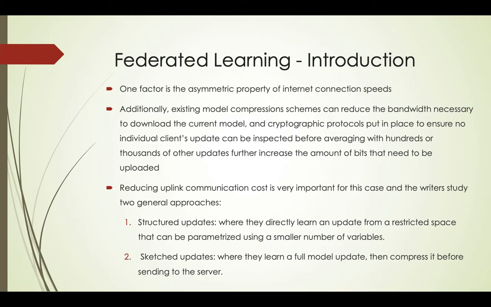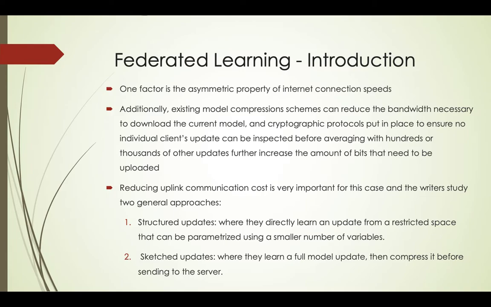Additionally, existing model compression schemes can reduce the bandwidth necessary to download the current model, and cryptographic protocols put in place to ensure no individual client's update can be inspected before averaging with hundreds or thousands of other updates further increase the amount of bits that need to be uploaded.